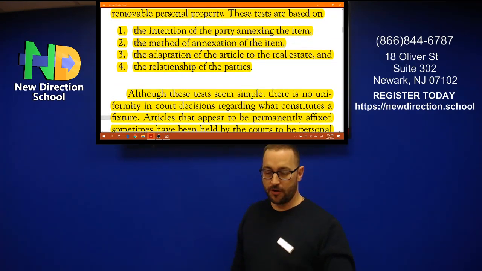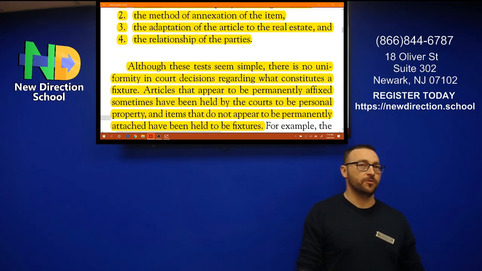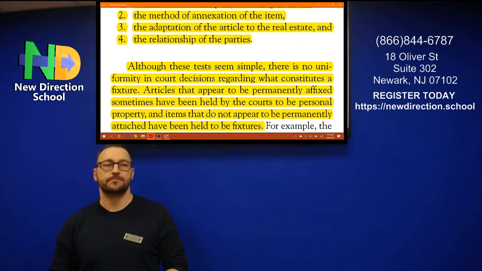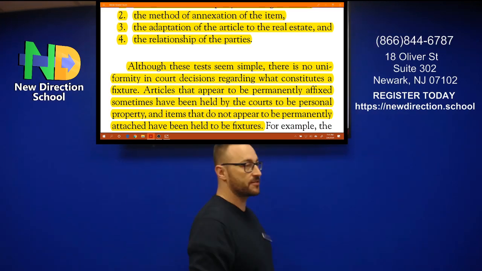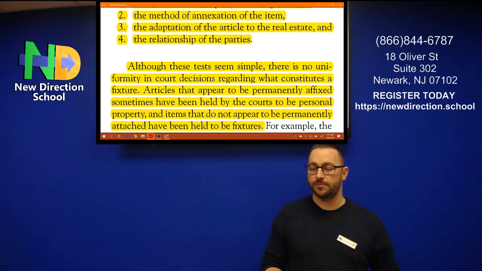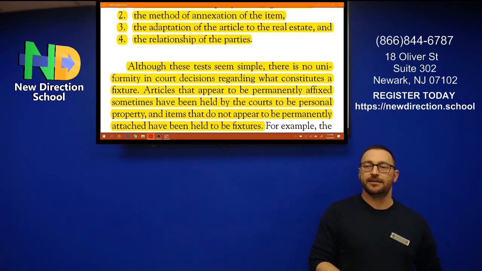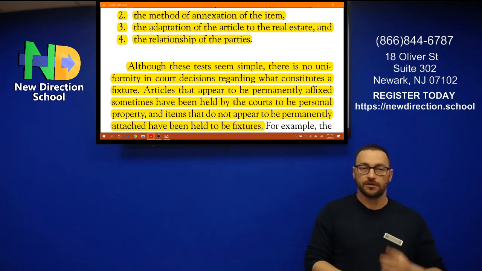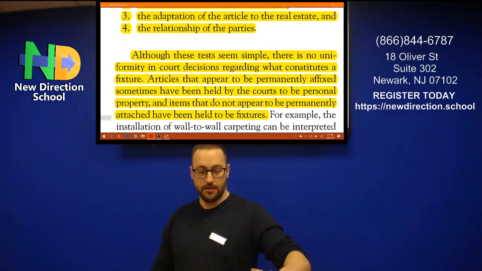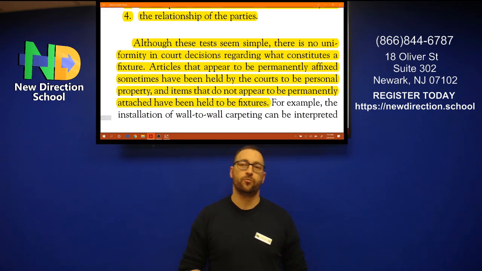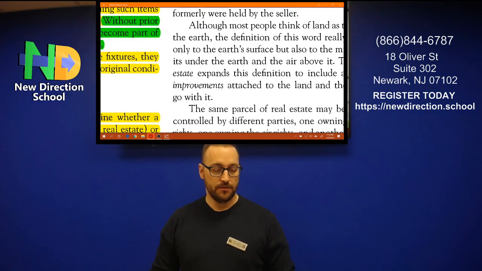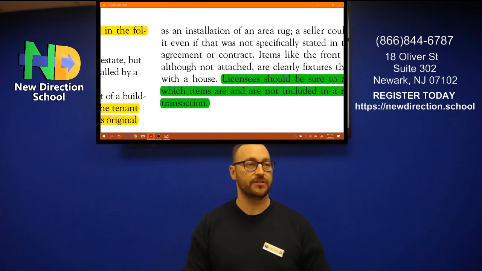Although these tests seem simple, there's no uniformity in court decisions regarding what constitutes a fixture. Articles that appear to be permanently affixed sometimes have been held by courts to be personal property, and items that do not appear to be permanently attached have been held to be fixtures. For example, the installation of wall-to-wall carpeting could be interpreted as installation of an area rug.